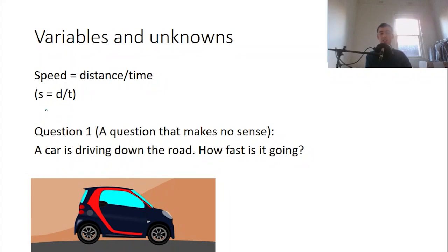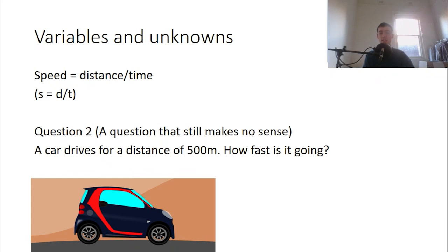But if somebody says, work out what S is, you can't, because you don't know what D is and what T is. If you knew what they were, you could work it out. But with 3 variables in the equation, you can't work it out.